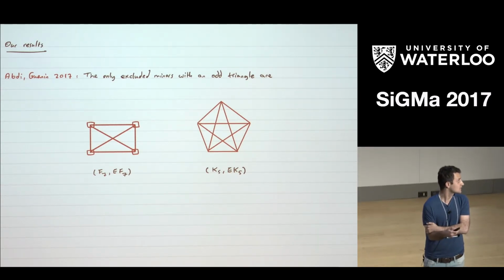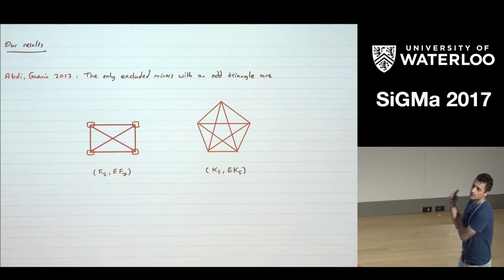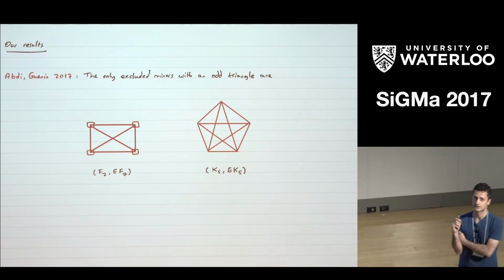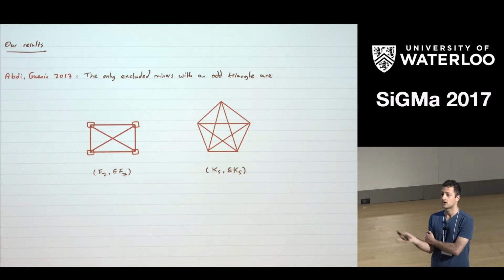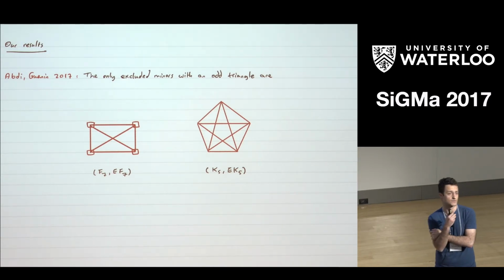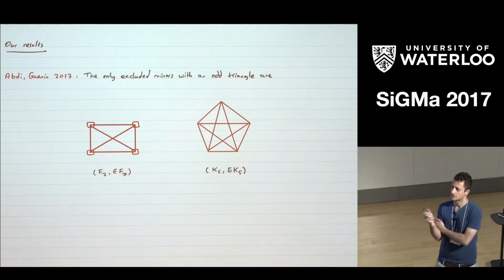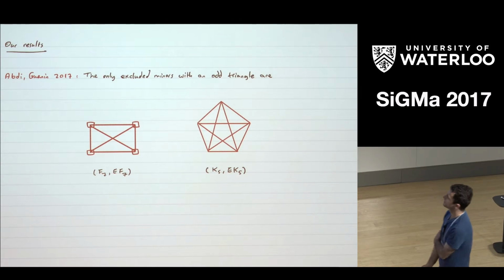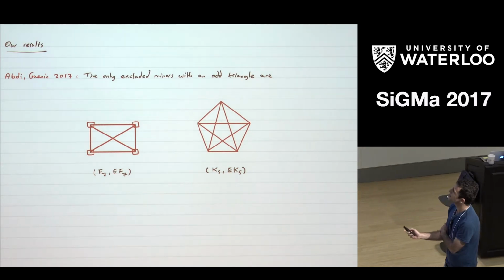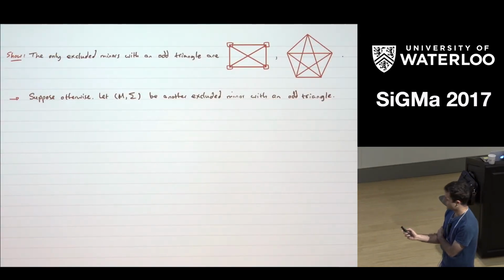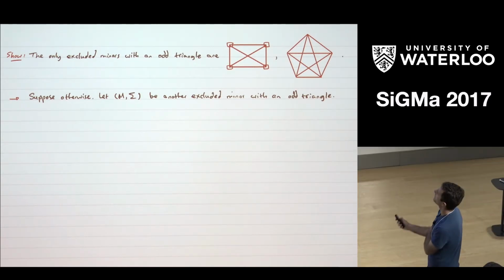So for the rest of the talk, I want to sketch the proof of this result. It combines a lot of nice tools that are in the literature, and also a recent tool that Caroline and James proved for us. So I'm just going to go over the proof of that. All right, so what we want to show is that the only excluded minors with an odd triangle are these two beasts.